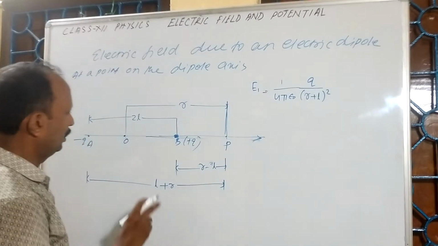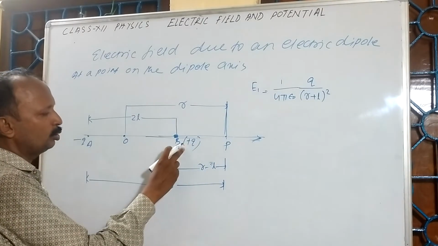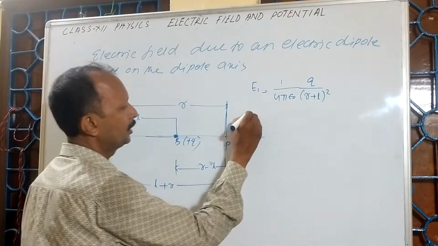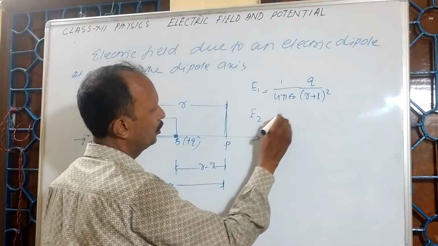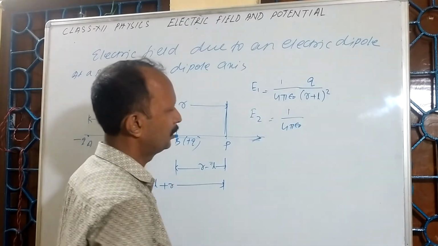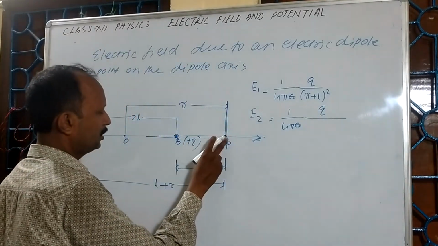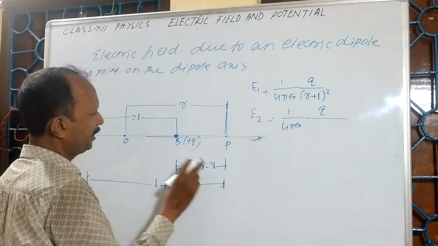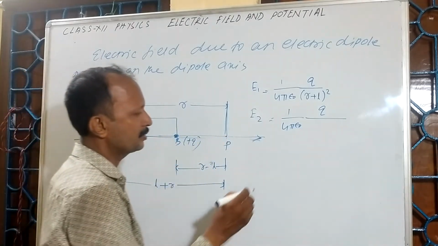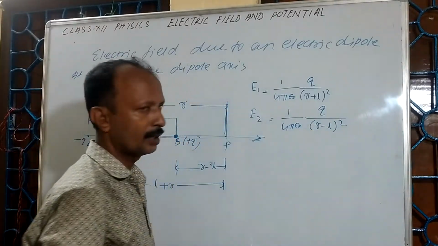Similarly, the electric field at the point P due to charge plus Q at B will be, let it be E2, 1 upon 4 pi epsilon naught Q upon, here to here the distance is r minus L. Here is the r, here is the L. So this is r minus L, so I am writing r minus L square.